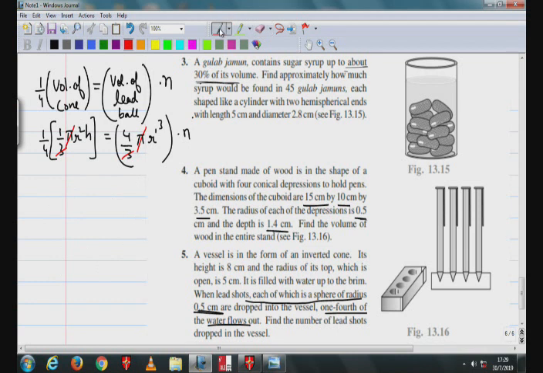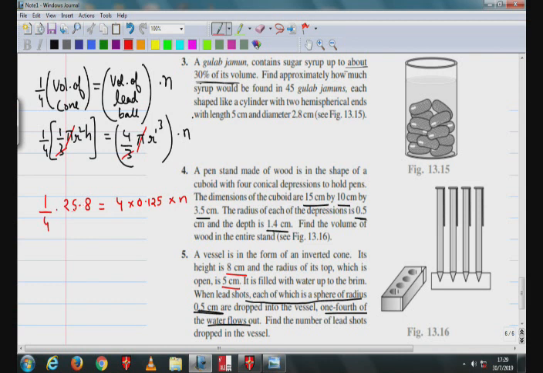So now it is 1/4 r square h for the cone, and for the cone the radius is 5 and height is 8. So 5 square is 25, times height 8, that is equal to 4. The radius of that sphere is 0.5. So 0.5 whole cube is 0.125, into n.